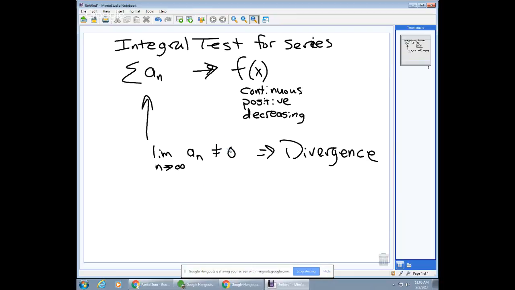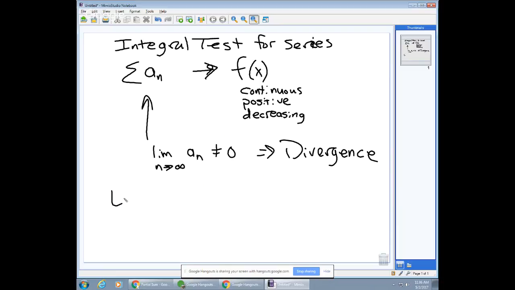We know nothing. If it is 0, it makes it kind of a candidate for convergence, but you never know until you do more work. So the integral test gives us a chance to do more work to check it out. So if we happen to say, oh, the limit's 0, and the terms are positive, that means it must be decreasing. So we have a chance to use the integral test, which is what we did the other day.